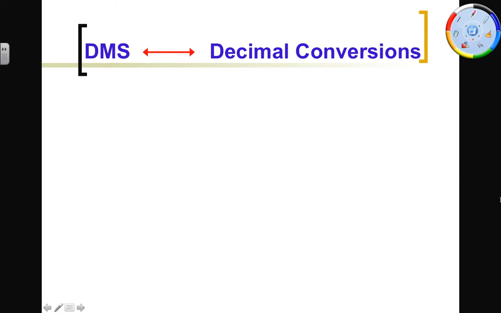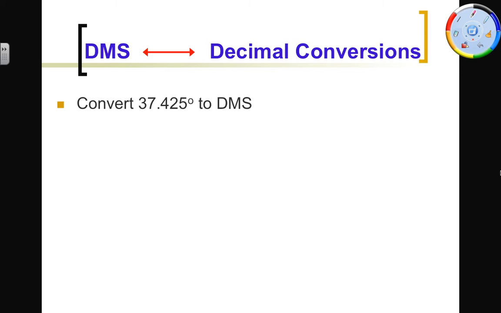So what I want to do now is convert between degrees, minutes, and seconds and what a degree looks like as a decimal. The reason I want decimals is because the decimal works better in our calculator. Even though technically we can use DMS in our calculator, it's just easier to use decimals. All right, so first of all, we're going to take this particular decimal degree and change it to DMS.